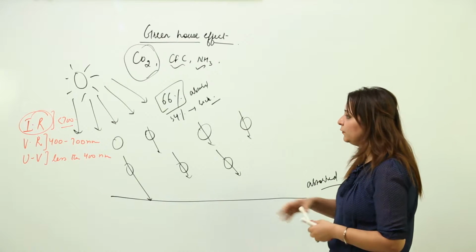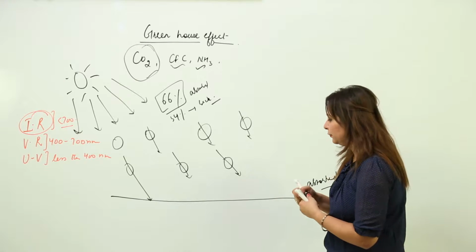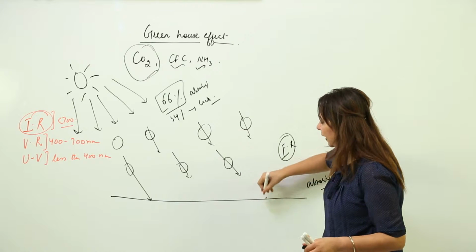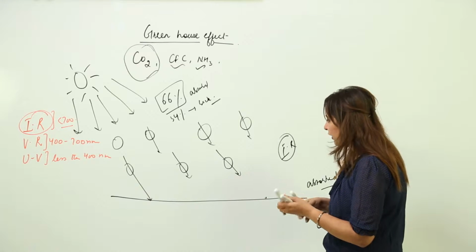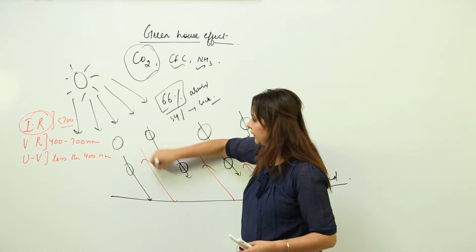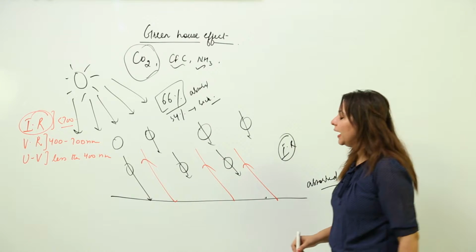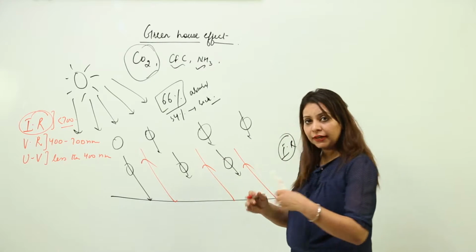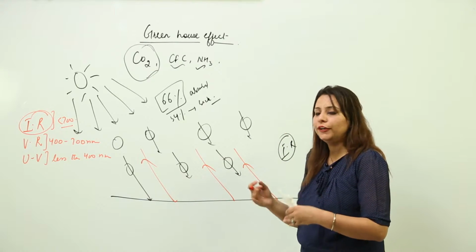The one which is of larger wavelength, particularly the infrared, gets reflected back. I will draw it with the red one. When they get reflected back, their wavelength increases again.